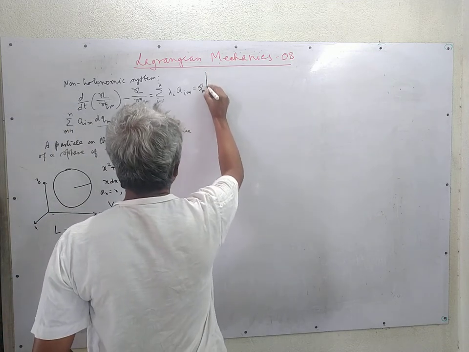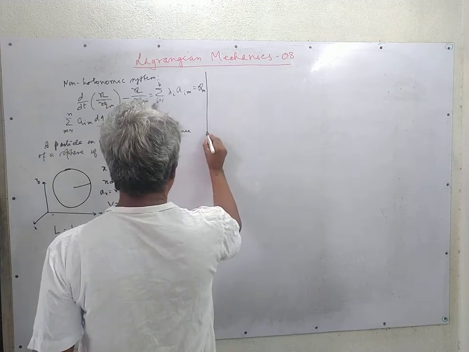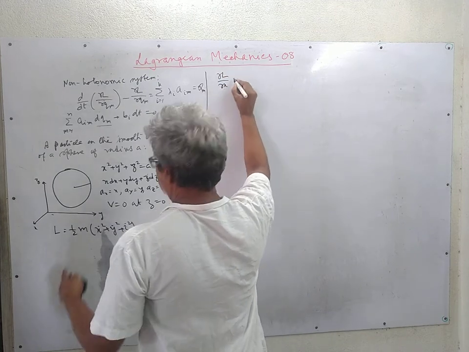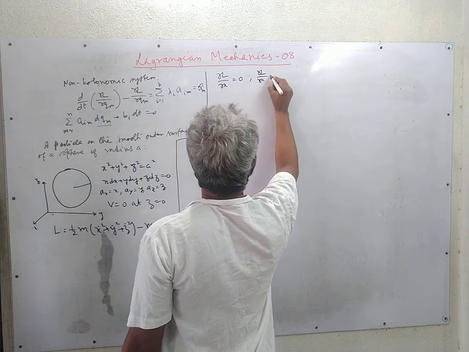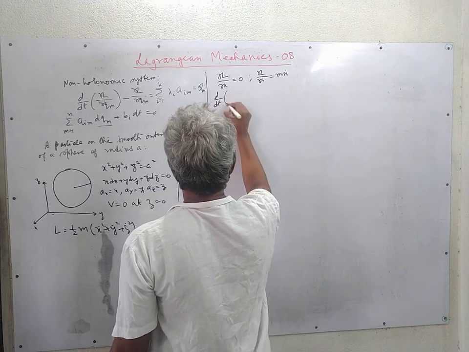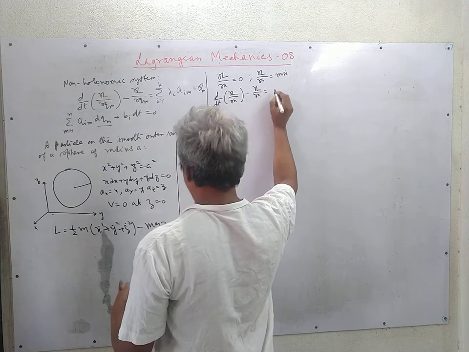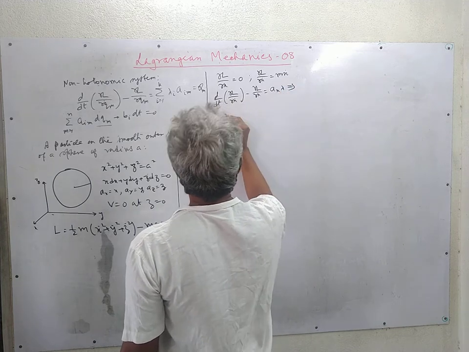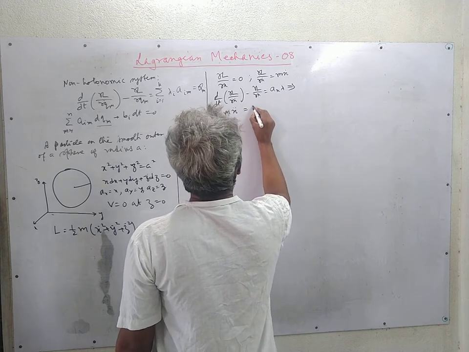If we apply the Euler-Lagrange equation to the x degree of freedom, then we get del L del x is equal to 0, del L del x dot is equal to m x dot, so that d/dt of del L del x dot minus del L del x equals a_x lambda, which gives us m x double dot equal to x lambda.